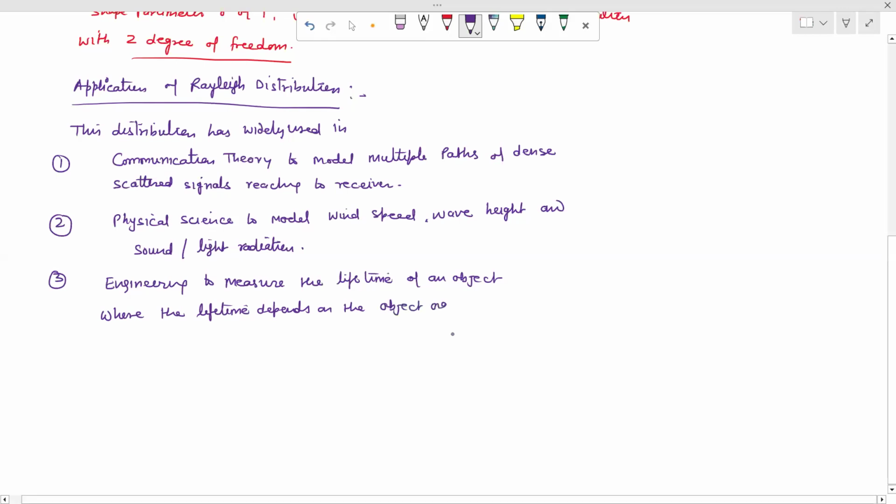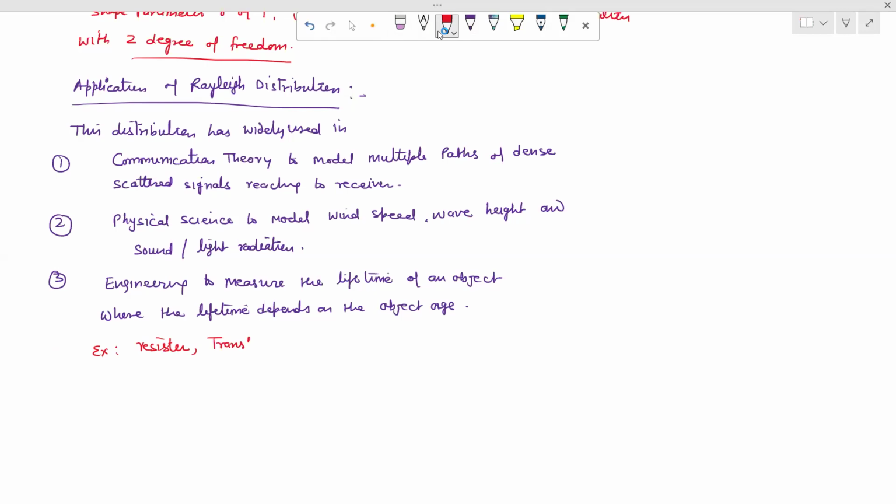Basically, we can take examples in engineering where we can apply this: for example, resistor, second is transformer, third one is capacitor.